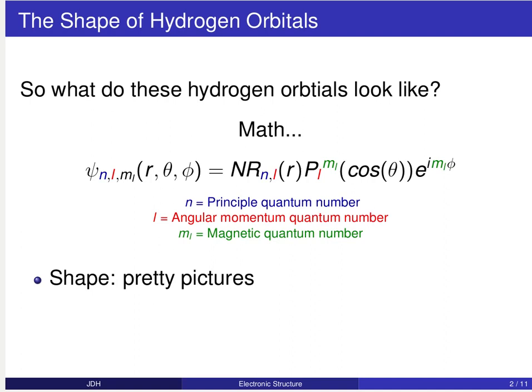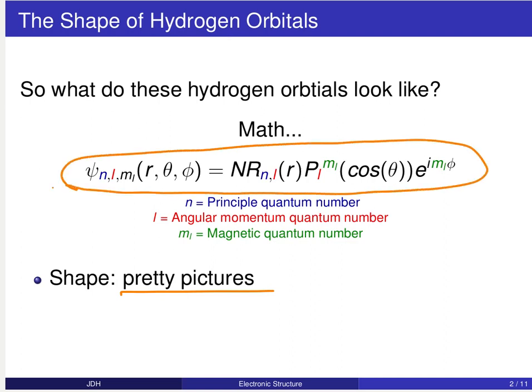So our job now is going to be to look at essentially some pretty pictures to understand the form of these mathematical equations. And again, as I promised before, we're not going to go into any of the mathematical details. We're going to be presenting pictures that will illustrate the mathematical form of these functions geometrically.